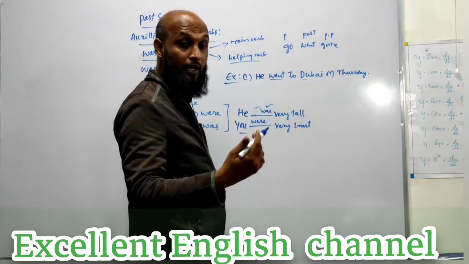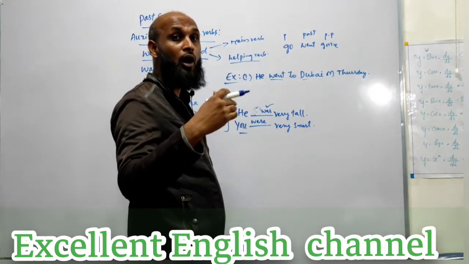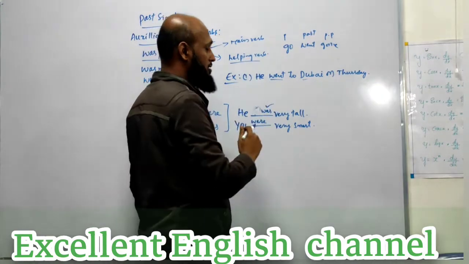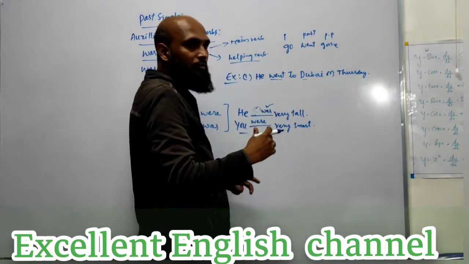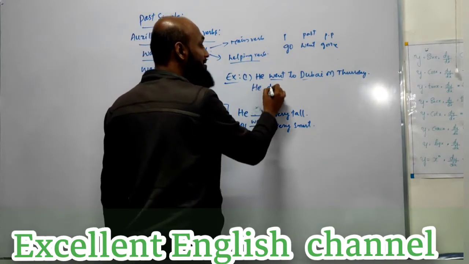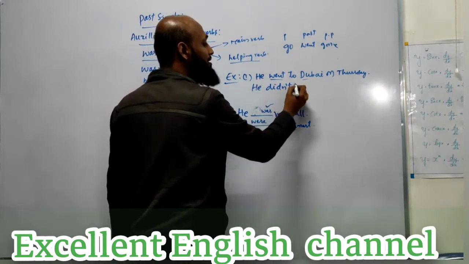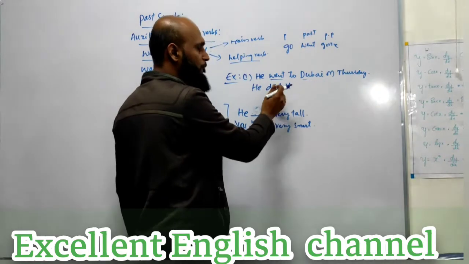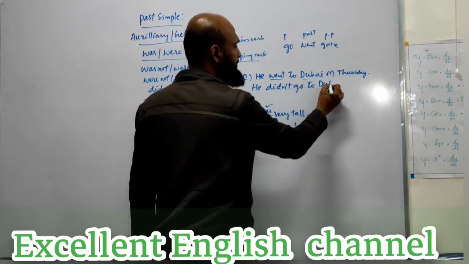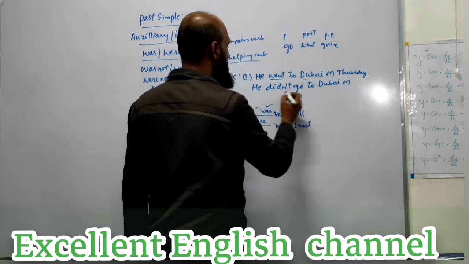Now let us look at how you are going to make questions or form negative sentences with this sentence. Now if you want to say that he didn't go to Dubai, you can say he didn't, or did not also you can say. It's a short form of it. He didn't go to Dubai on Thursday.